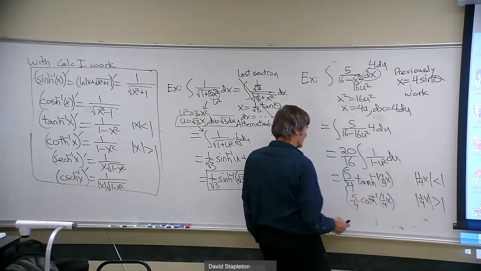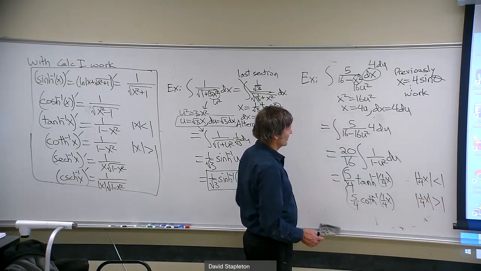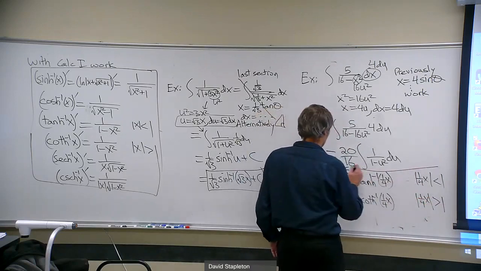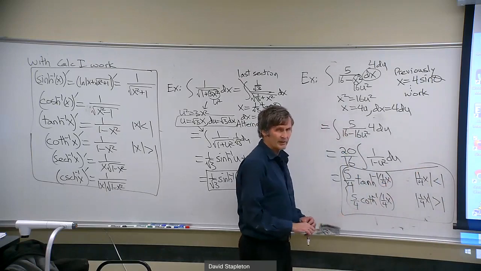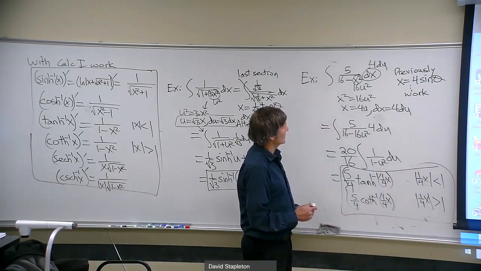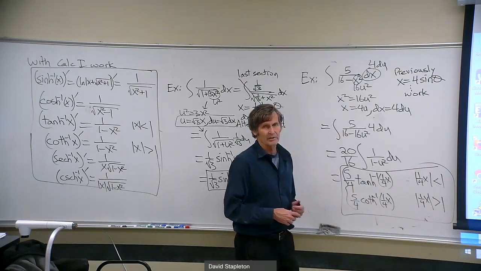So there it is. There are actually two different ways that can come out. Nonetheless, this is a whole lot easier than the trig substitution. So that gives you a nice introduction to how these things are used in practice, and how to simplify a little bit of your work with those integrals involving square roots.